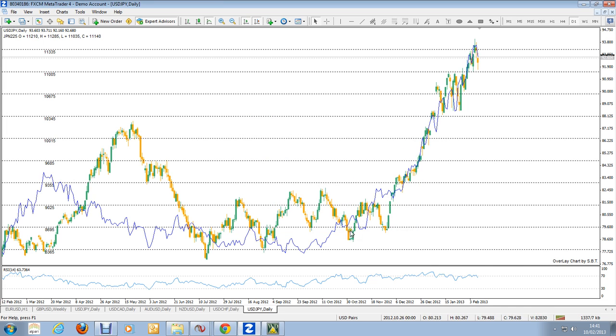So one in blue is the yen and the other one is the equity index, and in the equity index you can see that here we had possibly 1, 2, 3, 1, 2, 3, 4 and 5. So it's possible that that is a first leg up.